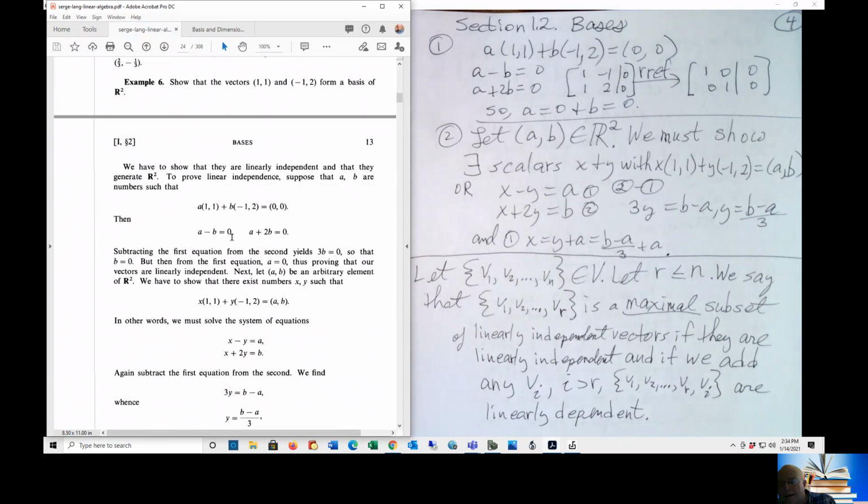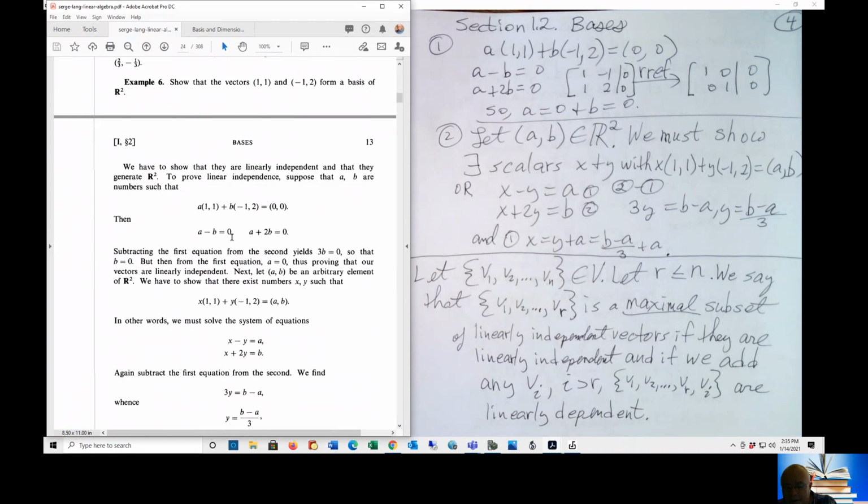You want to show that these two given vectors span, or generate, the vector space. So that means that if you take an arbitrary ordered pair (a, b) in the xy plane or R2, there have to exist scalars x and y so that the arbitrary vector (a, b) can be written as a linear combination of the given two vectors, (1, 1) and (-1, 2).